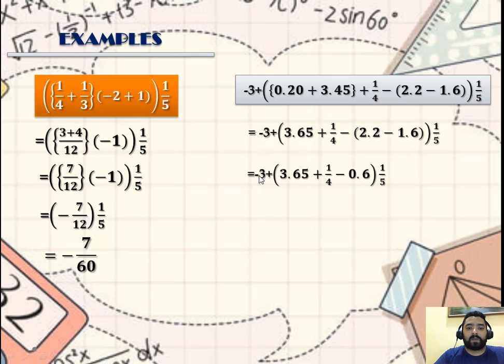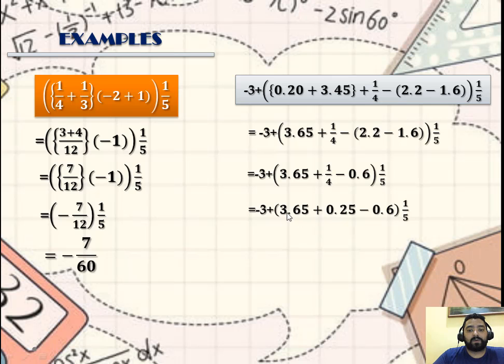As you can see here, we have negative 3 plus 3.65 plus 1 over 4 minus 0.6, because 2.2 minus 1.6 is 0.6. Positive 0.6 times the negative means negative 0.6. Then we copy 1 over 5 outside. In this case, I convert this 1 over 4 to a decimal, which is 0.25.